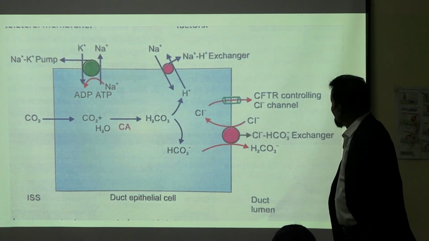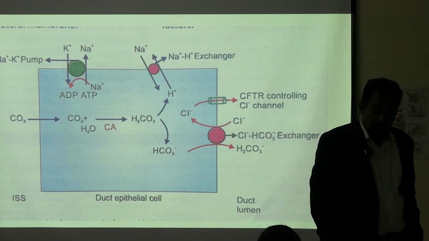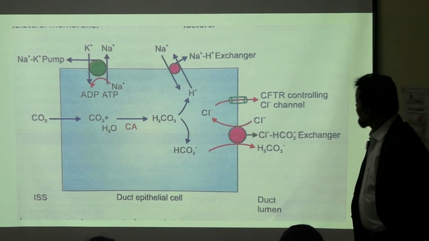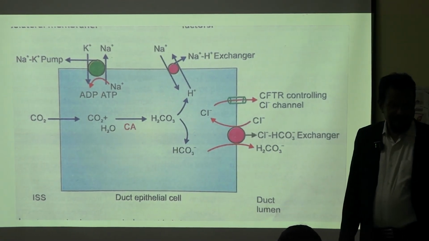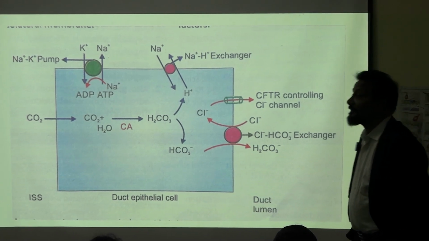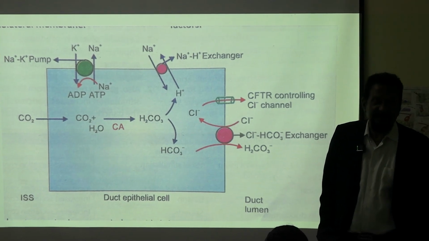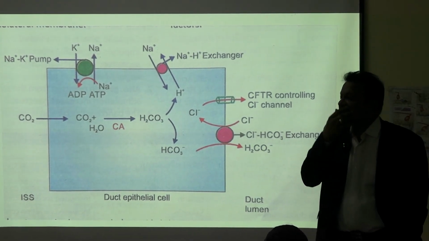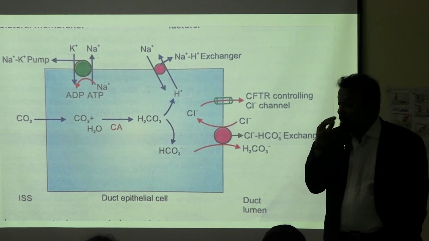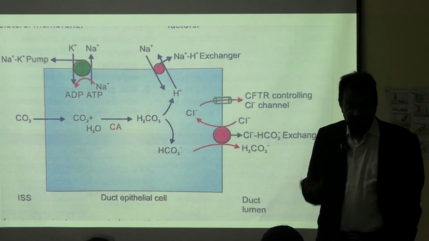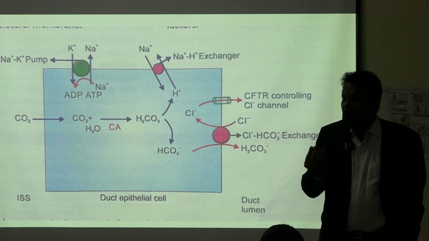What is CFTR? Cystic fibrosis transmembrane regulator. Cystic fibrosis is a dangerous disease. You will find such children always have a running nose and a lot of thick sputum with a bad smell, with pus cells in it.